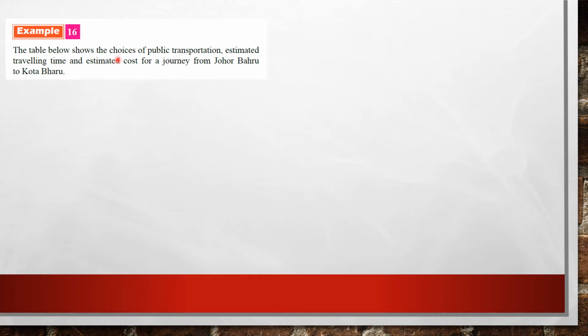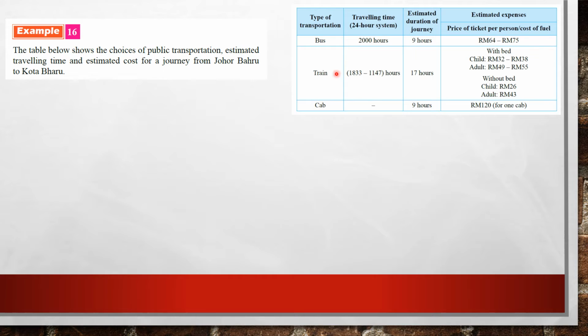The table below shows the choices of public transportation, estimated travelling time and estimated cost for a journey from Johor Bahru to Kota Bharu. So this is the table given. There are three types of transportation, that is bus, train and cab.